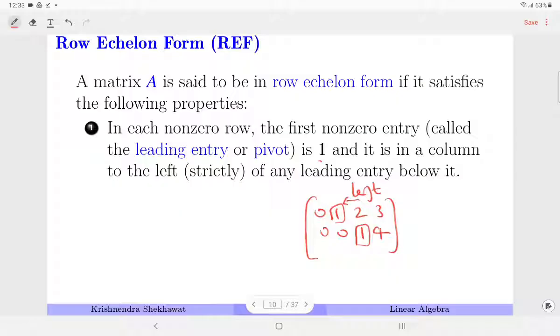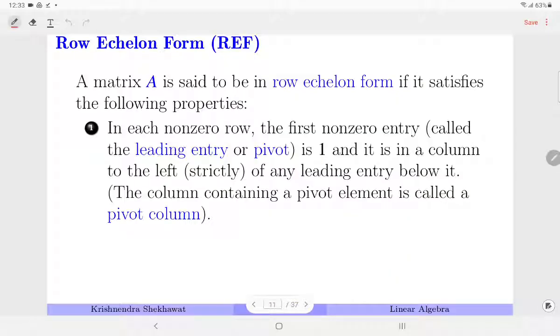The columns with the leading entries are known as pivot columns. So again, if I have something like 1 0 0, 1 0 1 0 0, this is allowed. But if I have 0 1 0 0, 1 0 0 0, then this is not allowed.